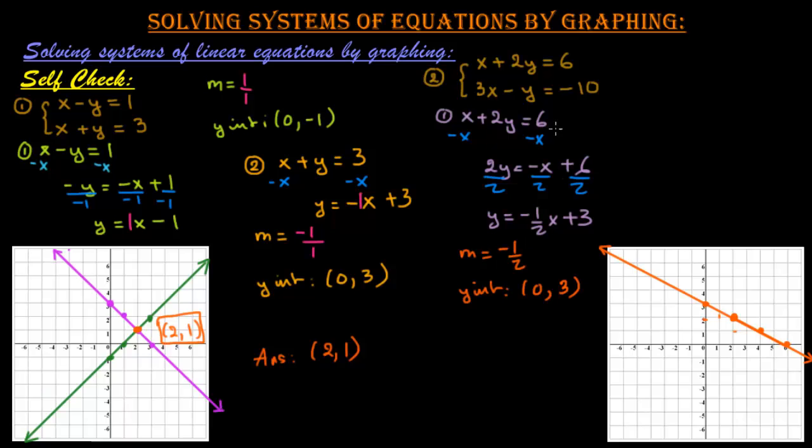Now we're going to graph the second one. The second equation is 3x minus y equal to -10. So do the same thing, isolate y, so minus 3x on both sides. Negative y equal to negative 3x minus 10. Then we divide both sides by -1.